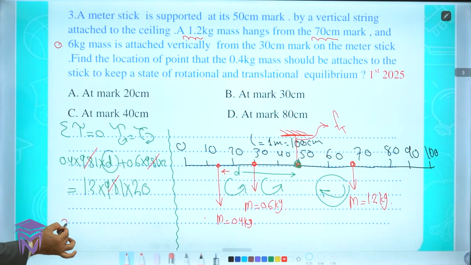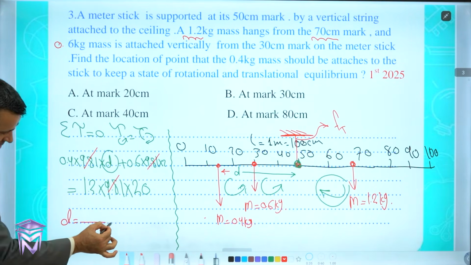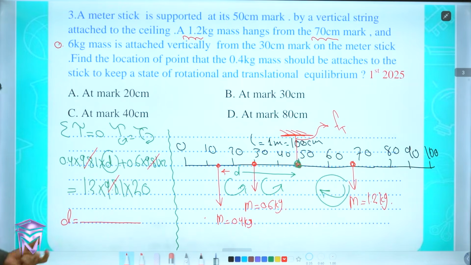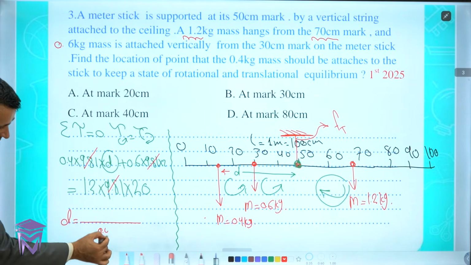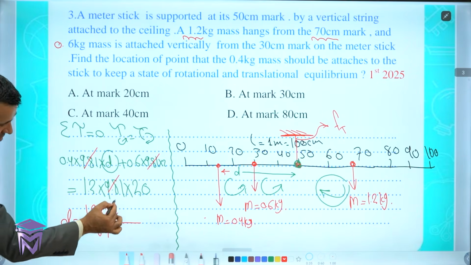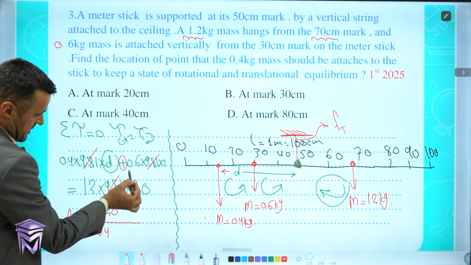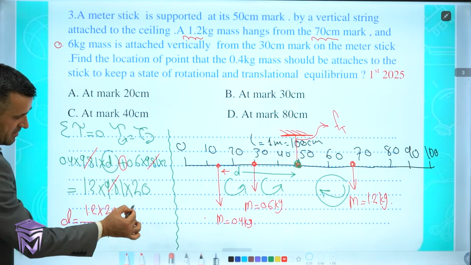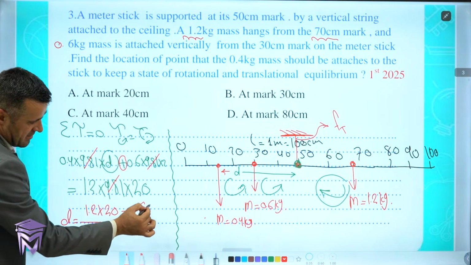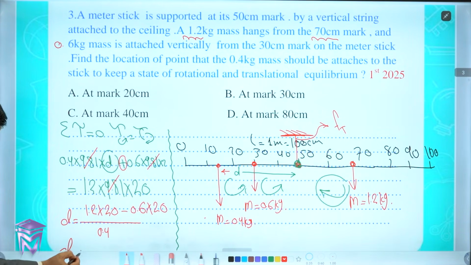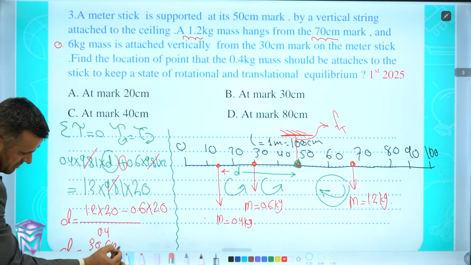To find D: the amount 0.4 is transferred to the denominator. 1.2 times 20. The 0.6 times 20 is positive, and transferring it to the other side it becomes negative. And we get D equals 30 centimeter.